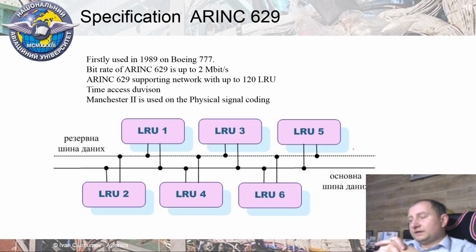In this case, we use bus topology and all LRUs are connected in parallel to a pair of wires, twisted pair of wires with active shield technology to the ground.